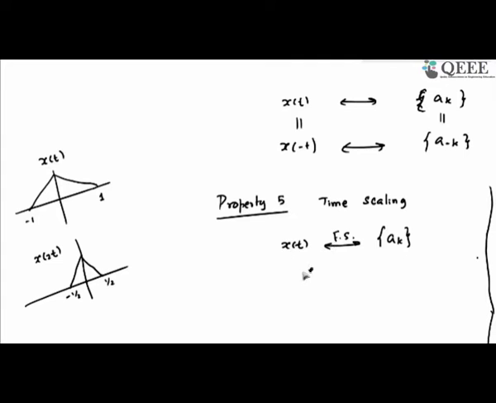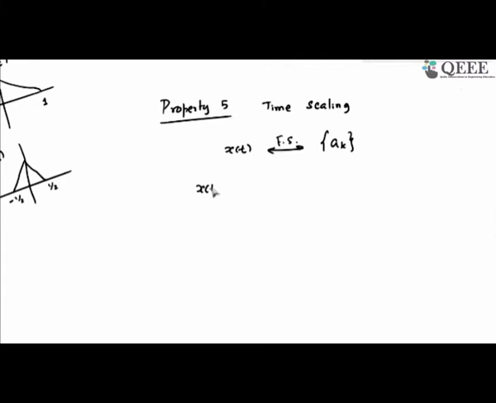Okay, so let me write the Fourier series representation now itself. So x of t equals sigma k ak e power j k omega naught t. So we do the time scaling. So time scale by alpha.